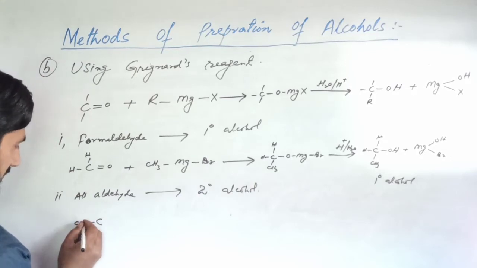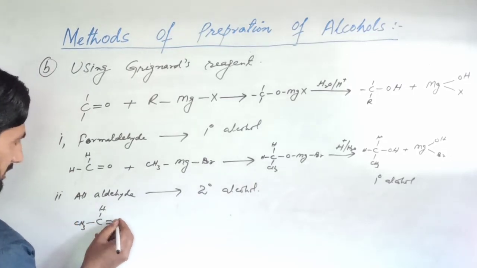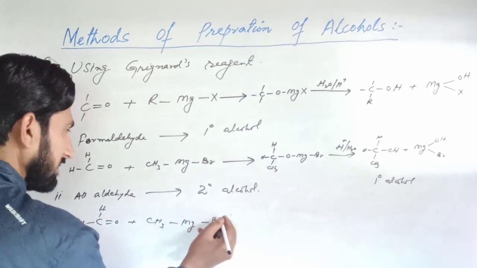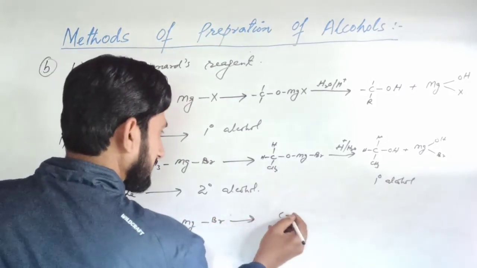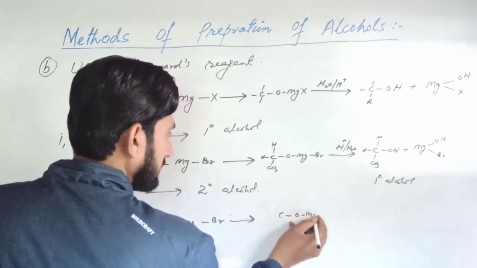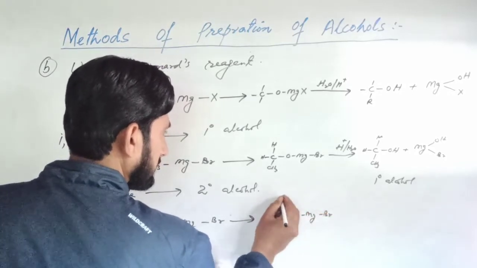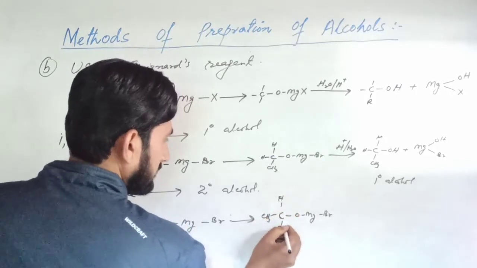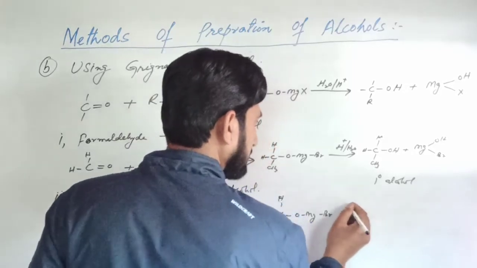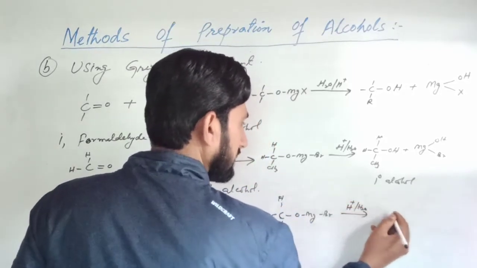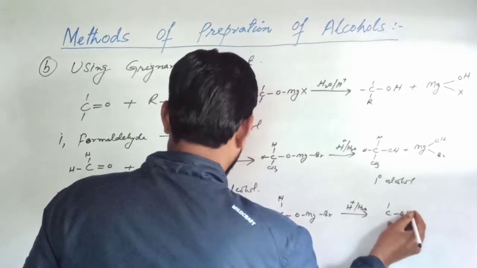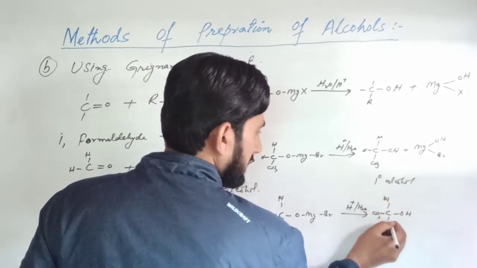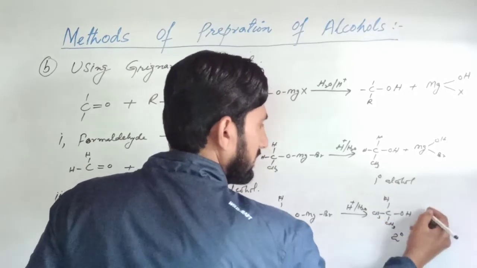For example, with alkyl magnesium bromide, the product is the secondary alcohol, 2-degree alcohol.